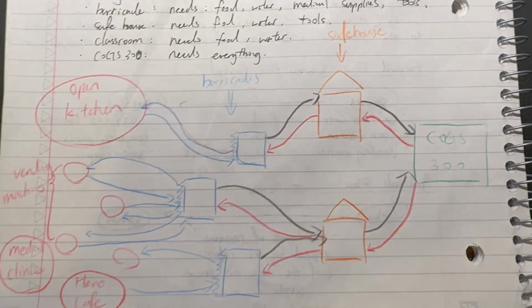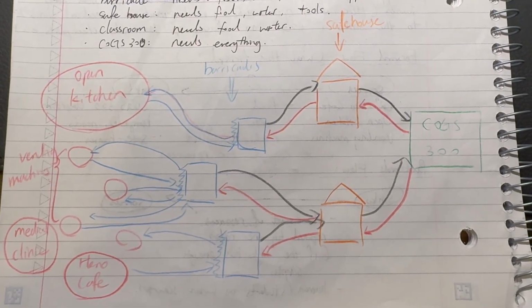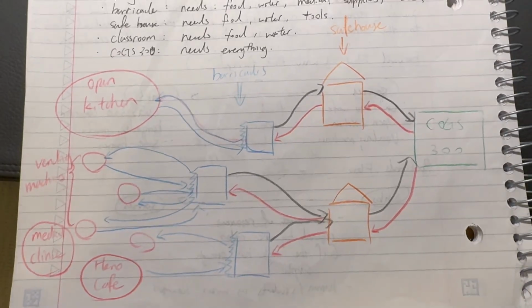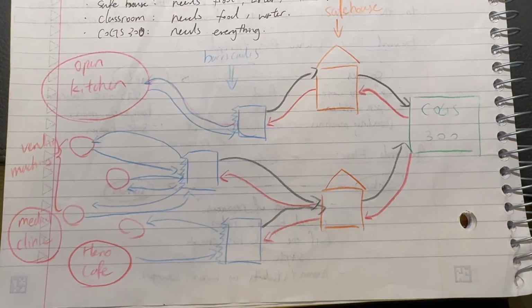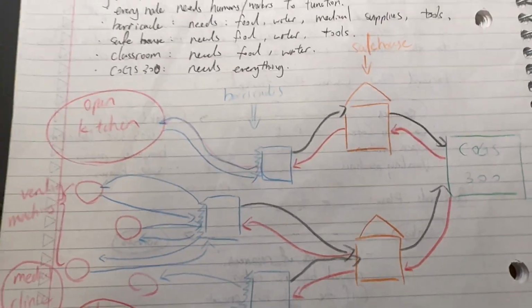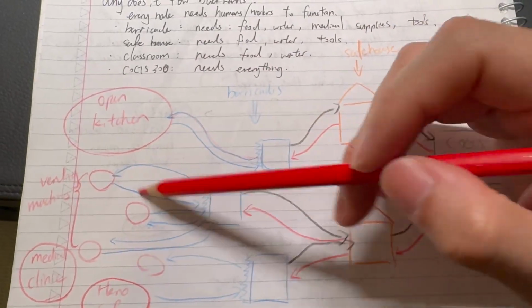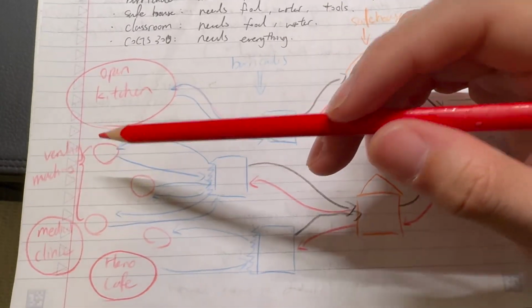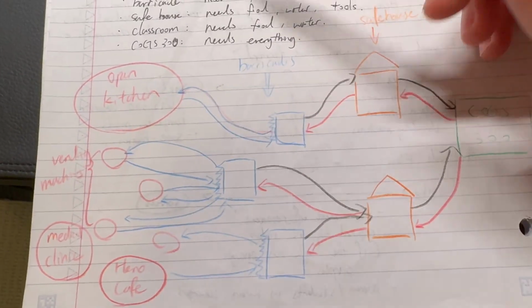And here is an initial sketch of the network. So the red places are the sources. Let me grab a pencil. Here you can see this is the open kitchen. These little circles are the vending machines, and here's the medical clinic, and here's the Hero Cafe.